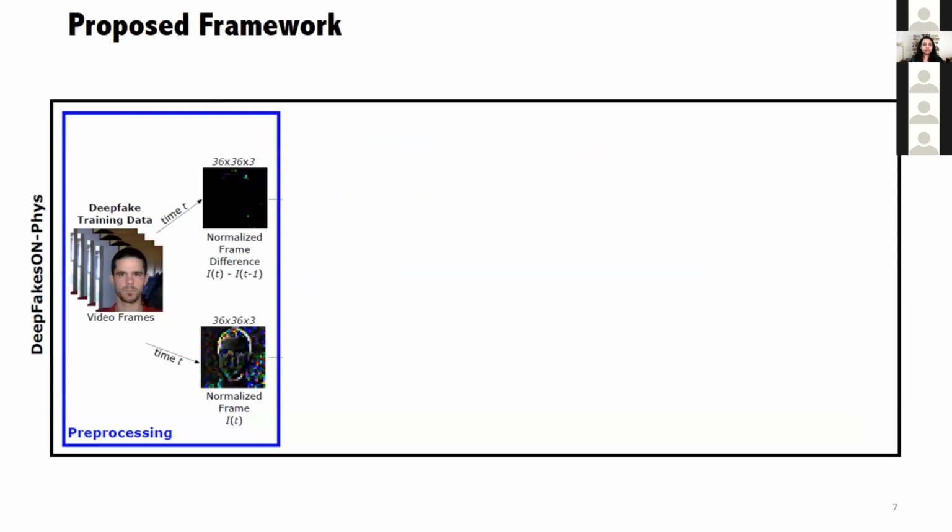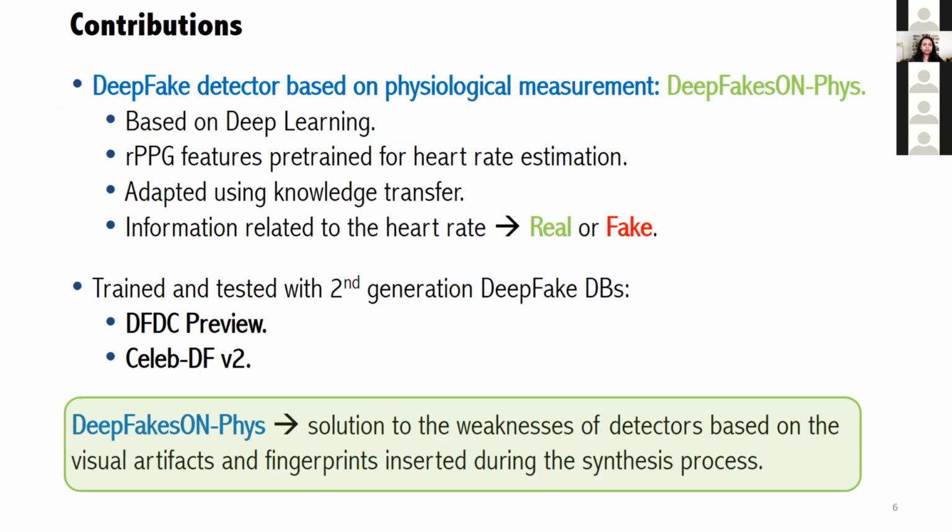So that's why in this work we hypothesize that fake detectors based on physiological measurement can also be used against deepfakes after adapting them properly. Our approach consists in using rPPG features that have been previously learned for the task of heart rate estimation using real face videos and adapting them for the detection of deepfakes by means of a knowledge transfer process, thus obtaining a novel fake detector based on physiological measurement that we name DeepFakesON-Phys.